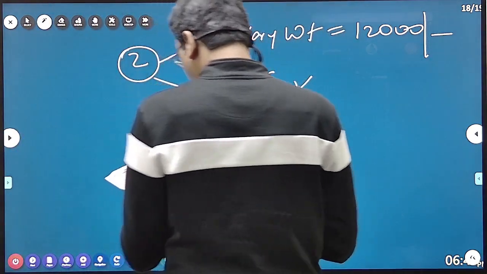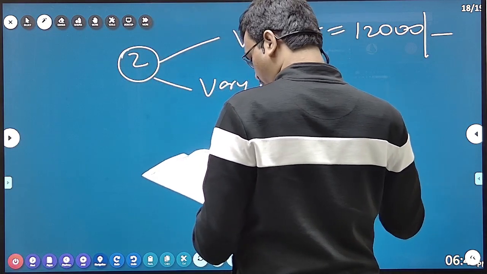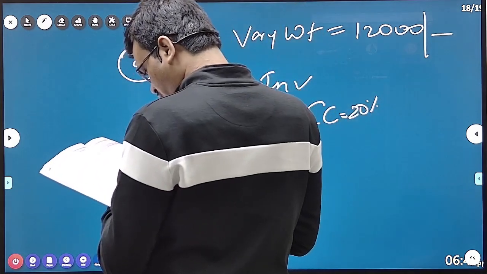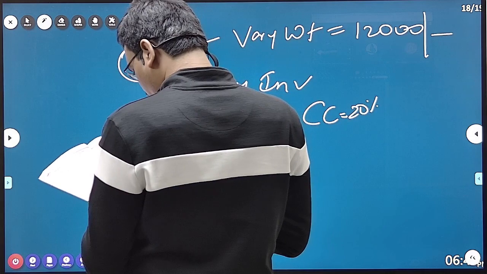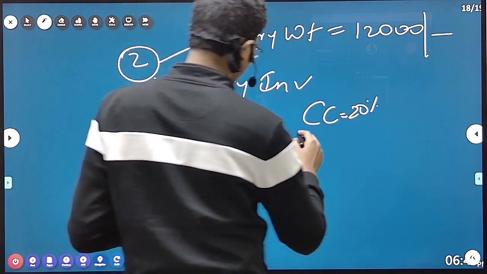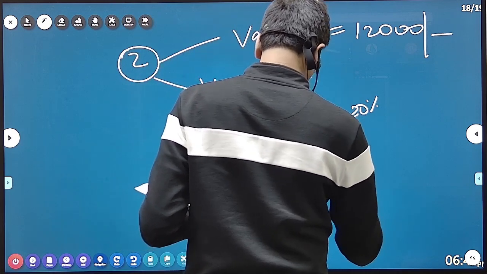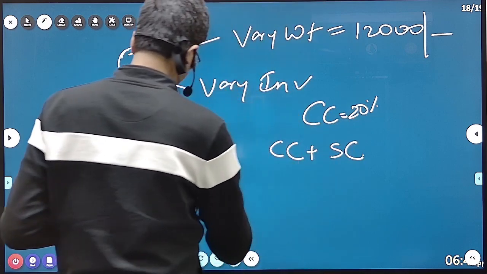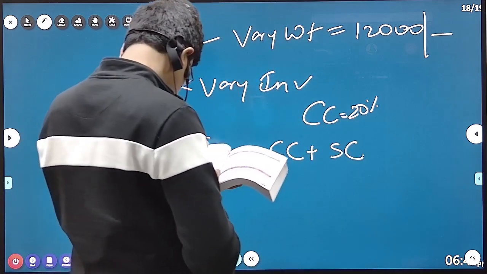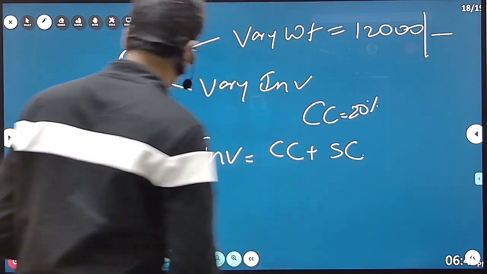Now he has given that carrying cost is 20% of the average inventory value, and then storage costs. So the additional value is carrying cost plus storage cost. That will be your inventory cost. Storage cost, he says, is 0.9 per unit upon maximum inventory level.